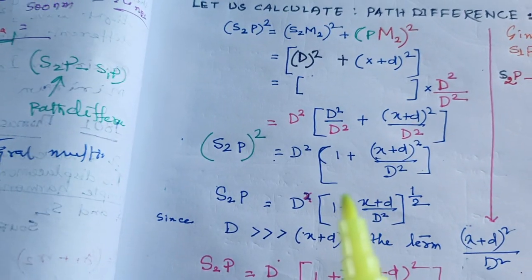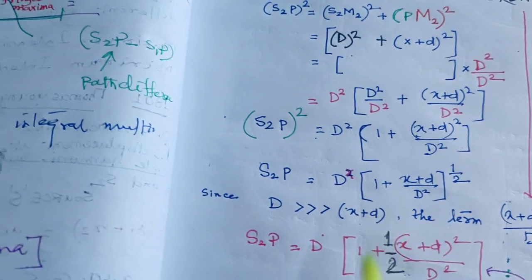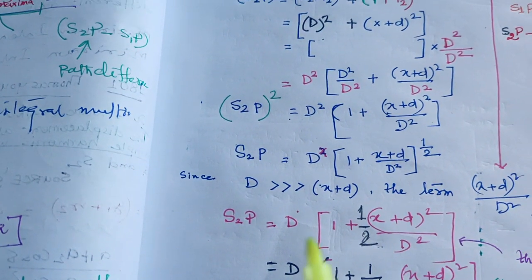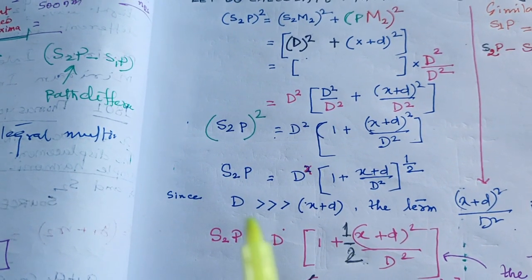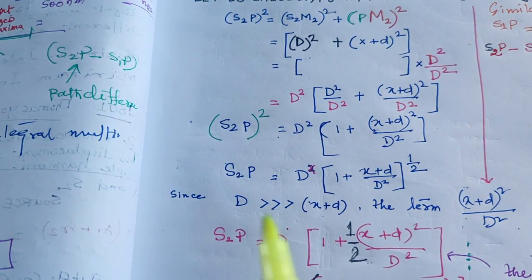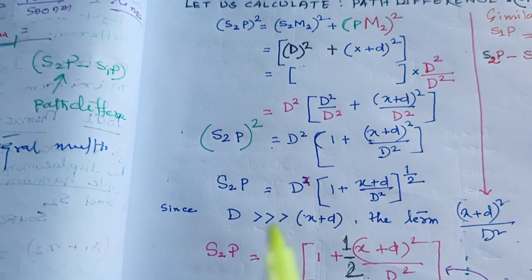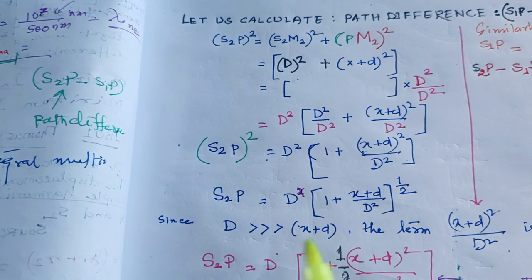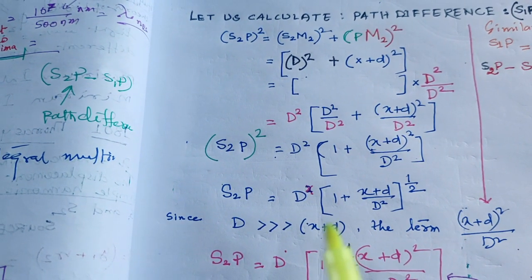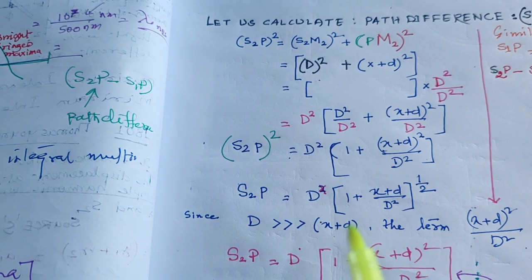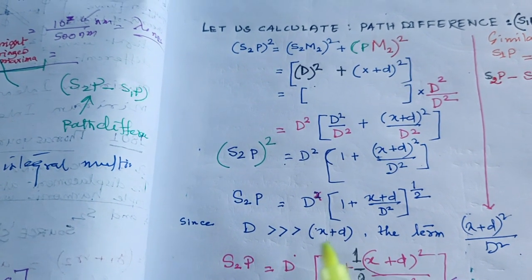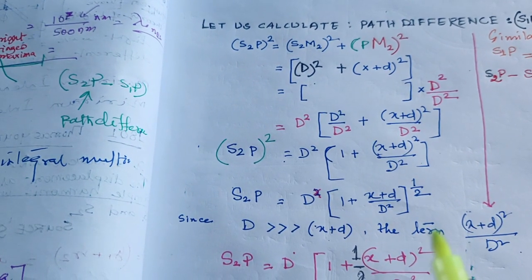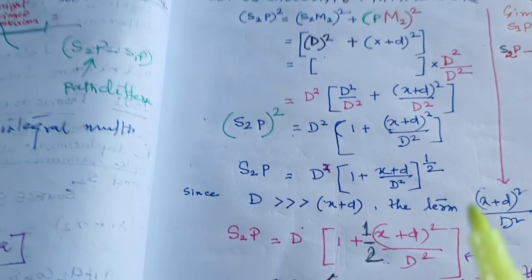Now you see, in most of the books there is a term given half, and most of us fail to understand why this is given. So first of all, we can decide that D is greater than X plus D, because this D is the distance between two slits S1 and S2, and X is the perpendicular drop on screen to intensity point distance.